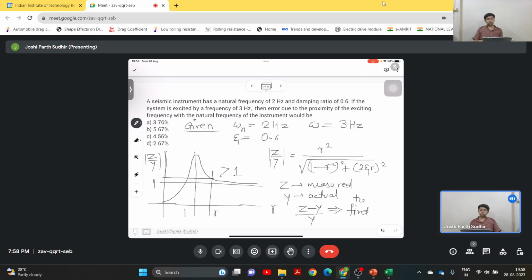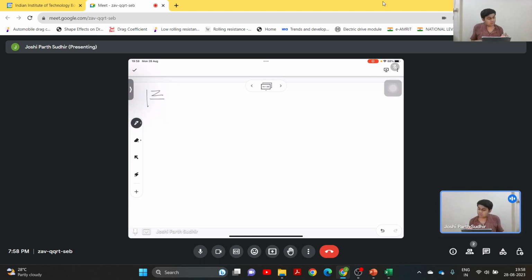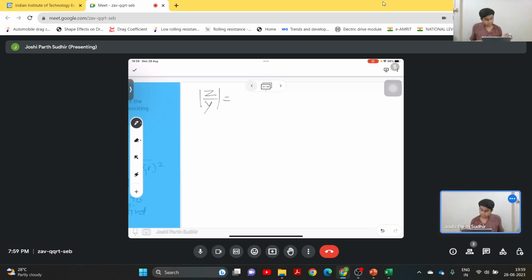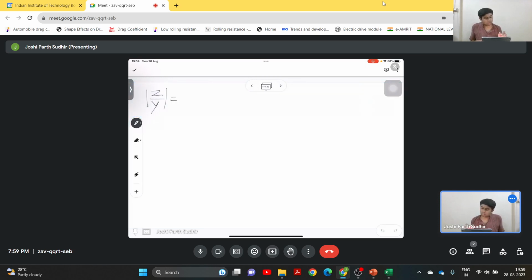So based on the given information, let us find out the amplitude ratio z by y. So z by y is given by r square upon square root of 1 minus r square the whole square plus 2 zeta r whole square.